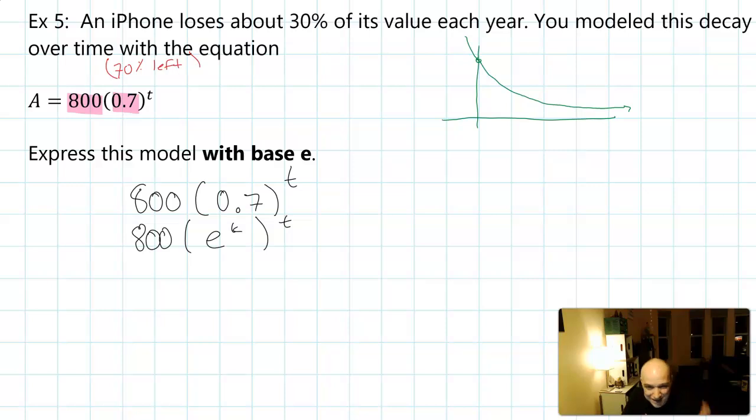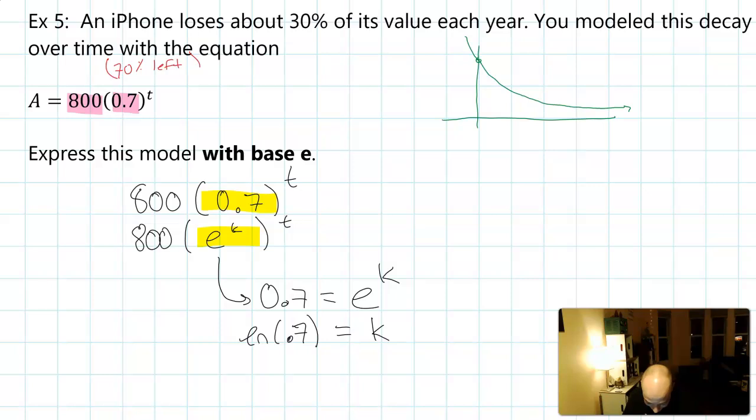And again, I don't even need a fancy formula. I can, of course, use the formula that we wrote above, but you don't even need it. You can just observe that to change this to base E, you need 0.7 to equal e to the k. Solve this for k. So natural log of 0.7 is equal to k.